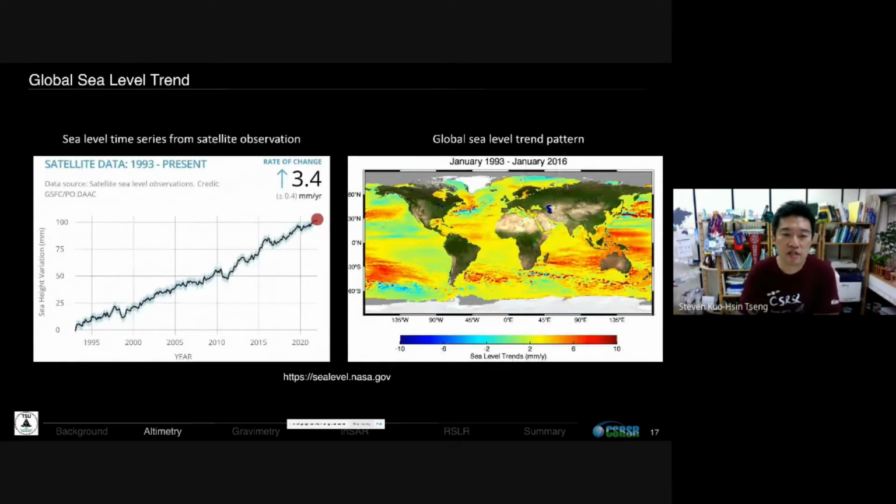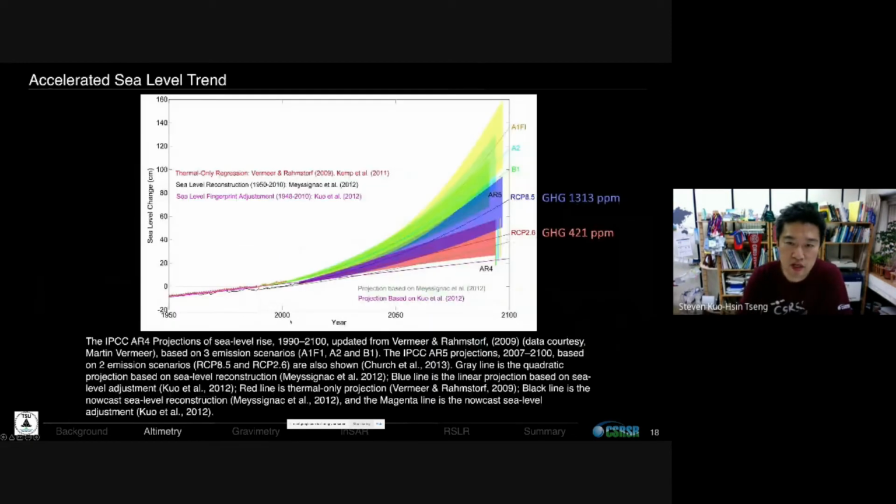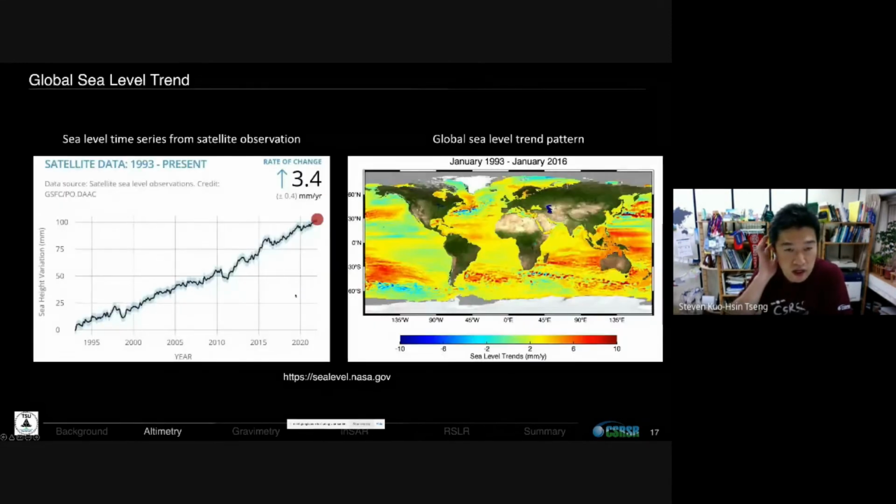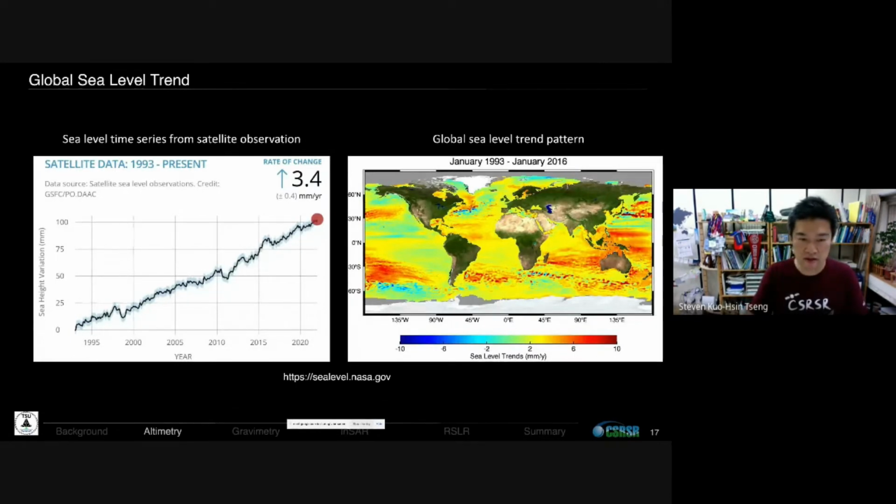At this moment, if you check sealevel.nasa.gov, you can see the current rate estimated is about 3.4 millimeters per year. And keep this in mind: the sea level rise actually has a pattern. It's not evenly, uniformly rising everywhere. This is what we call eustatic.